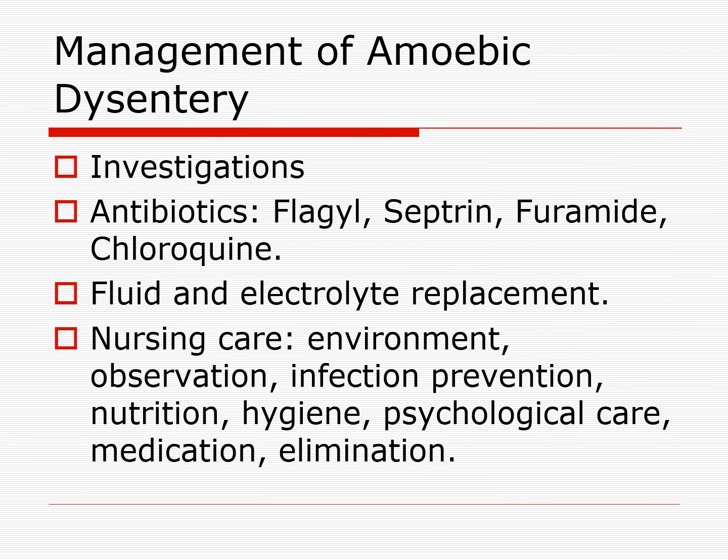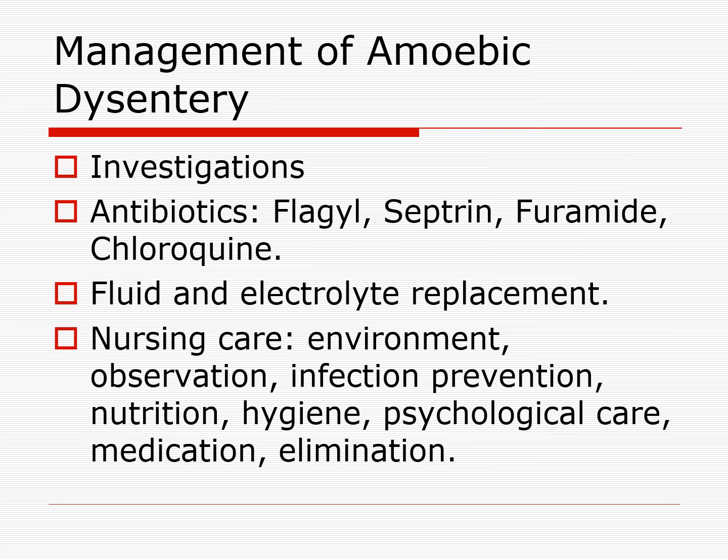So the frequency of vital sign observation depends on the patient's condition. Observe the quality and amount of stool passed by the patient. Monitor the intake and output and record on the fluid balance charts.